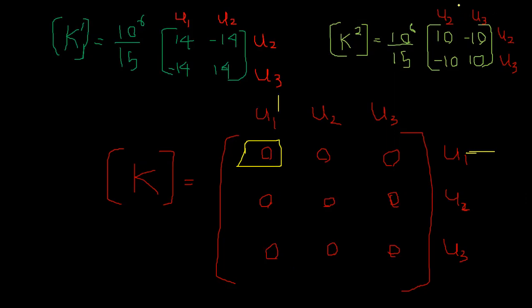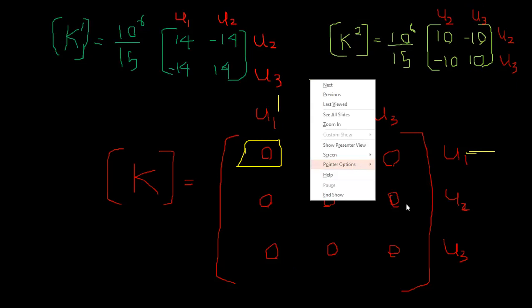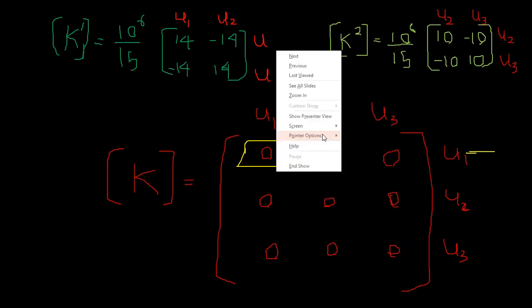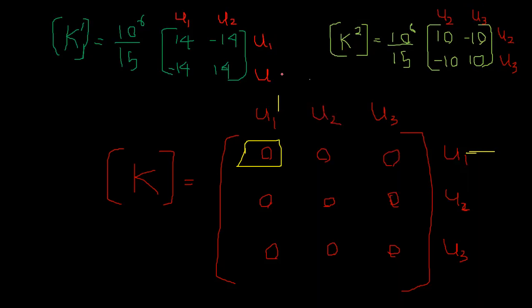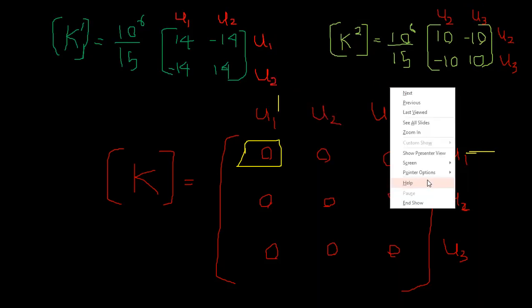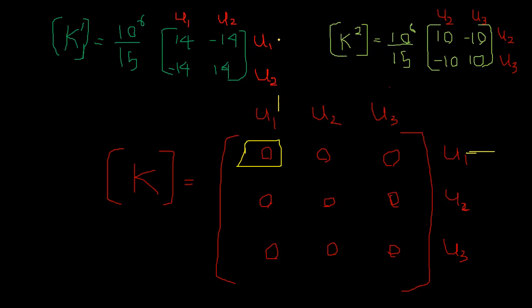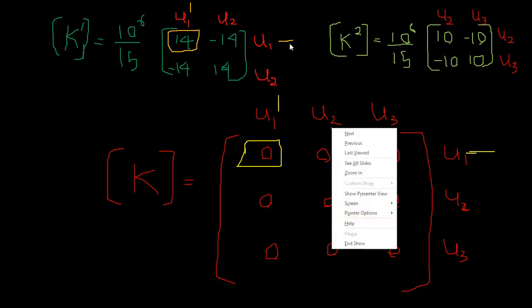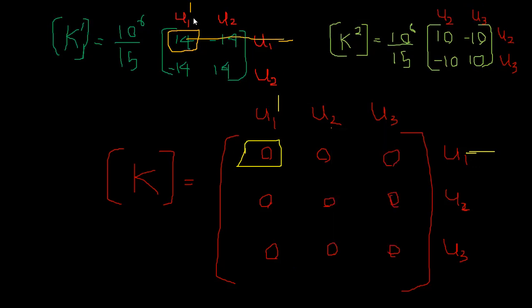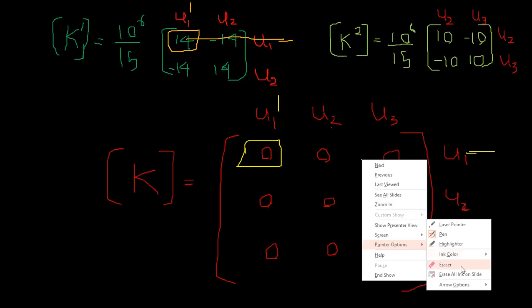Here there is no U1, but here you have U1 row and U1 column, so that becomes 14.